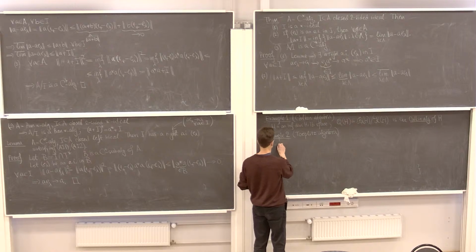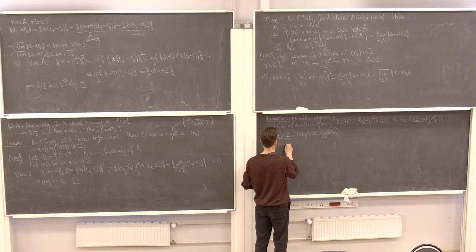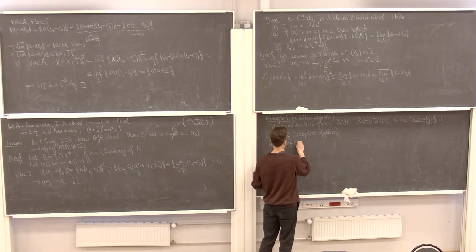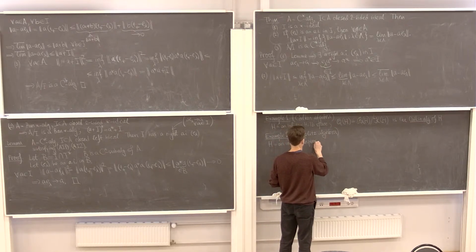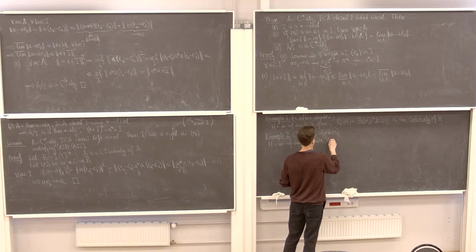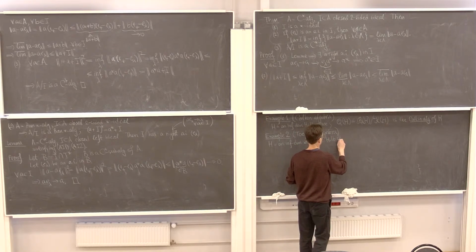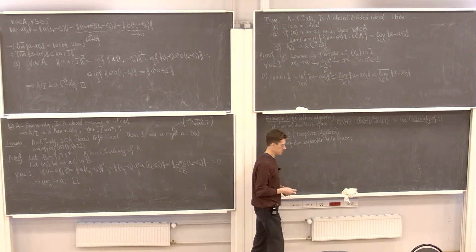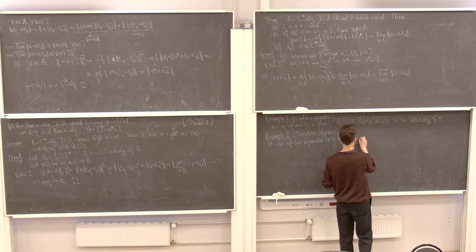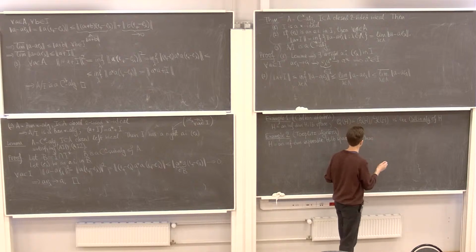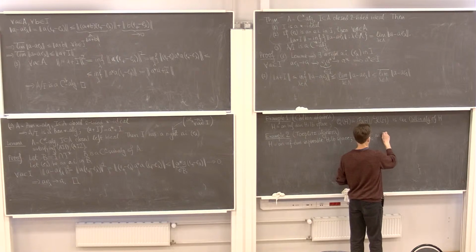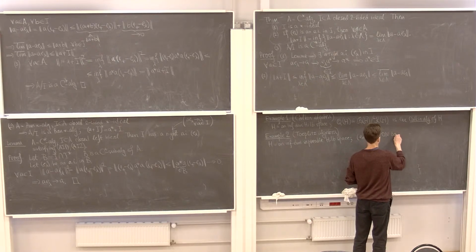So H is an infinite dimensional separable Hilbert space. We choose an orthonormal basis, e_n, for convenience, indexed by non-negative integers, an orthonormal basis of H.